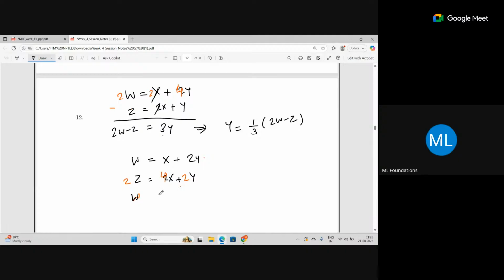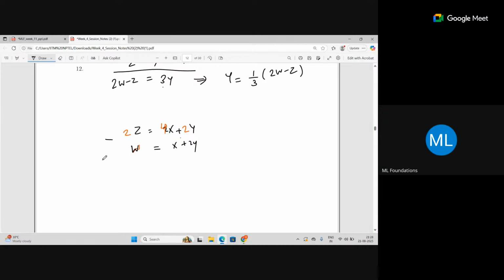So w equal to x plus 2y, and if I subtract here, what do I get? I get 2z minus w equal to 3x, right? This will get cancelled, and from there I get x equal to 1 by 3 times (2z minus w), or minus w plus 2z, whatever.